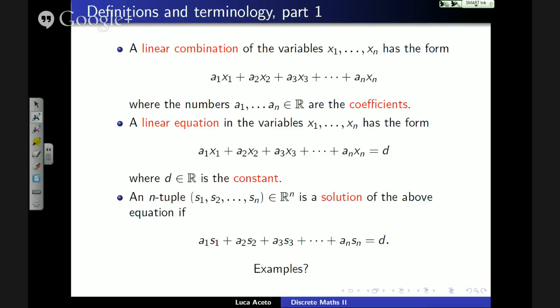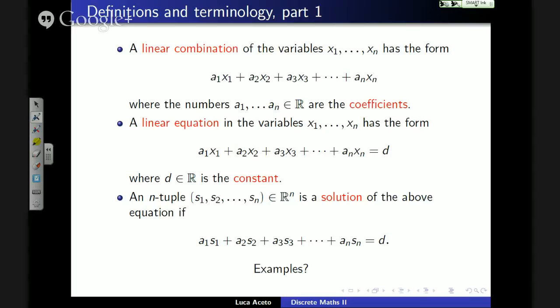But they don't need to be. They can be complex numbers, and in fact, they can be bits, 0 or 1, which is our favorite thing, isn't it? Then, of course, if these are bits, you need to decide what is multiplication and what is plus. But for the time being, let's assume that we are dealing with real numbers.